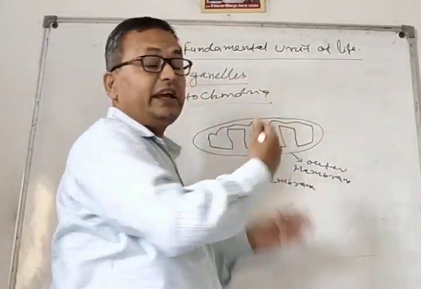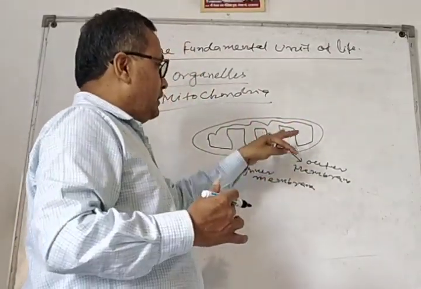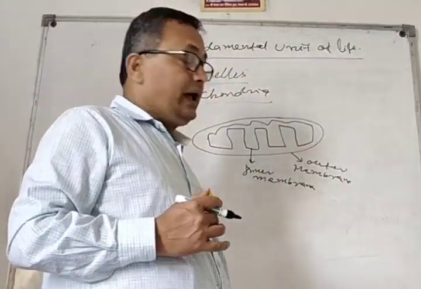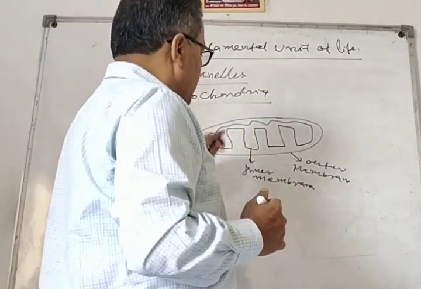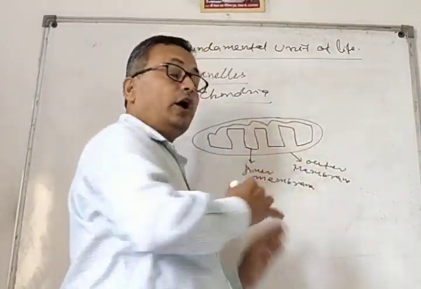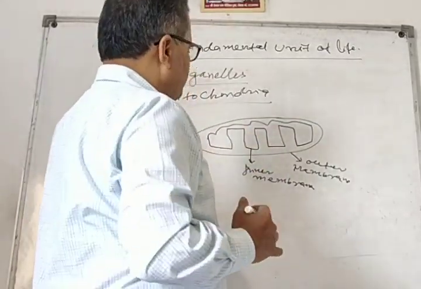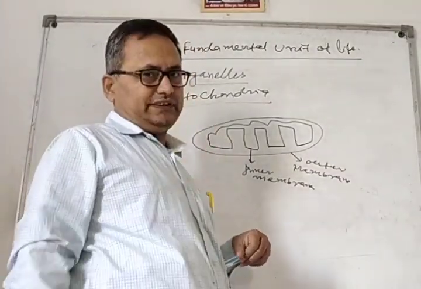So it duplicates and forms new mitochondria, and it is known as a semi-autonomous organelle of a cell. And mitochondria is called the powerhouse of the cell.